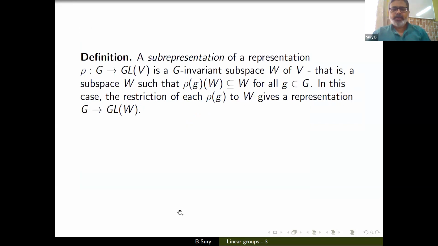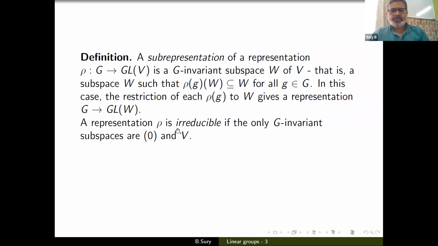Okay. Now let's see the notion of sub-representation of a representation. So you have a representation rho, then you have a G-invariant subspace W. Rho is a representation means G is acting on V, taking V to V. It might take some subspace to itself. That's called an invariant subspace. In this case, the restriction of the action gives a representation on GL(W). A representation is irreducible if there is no invariant subspace.